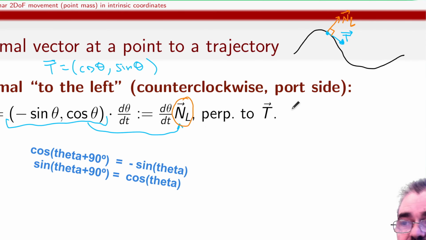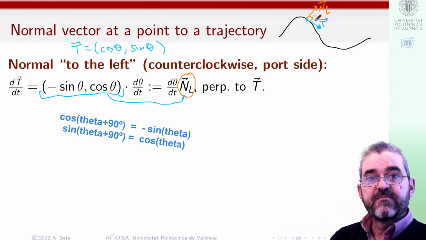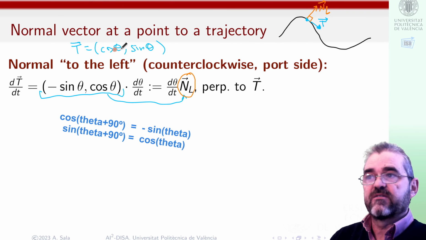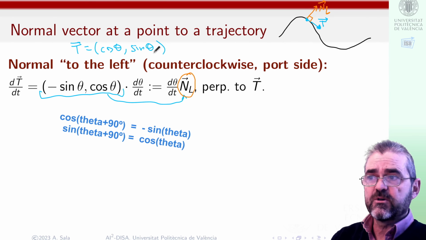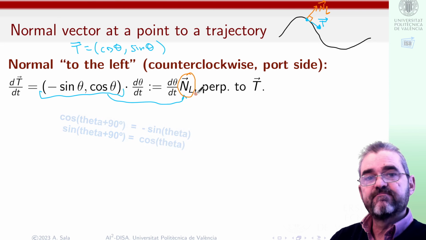You can check that indeed this minus sine and cosine corresponds to the coordinates of a vector which has been rotated 90 degrees in anti-clockwise sense with respect to this cosine sine. So good. This will be our normal left.